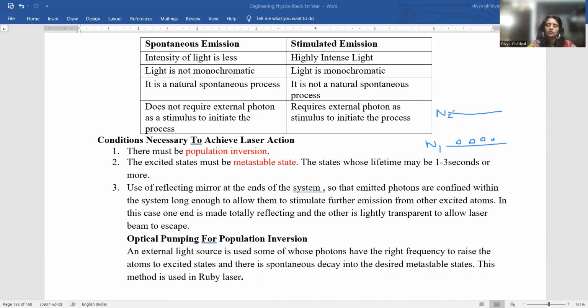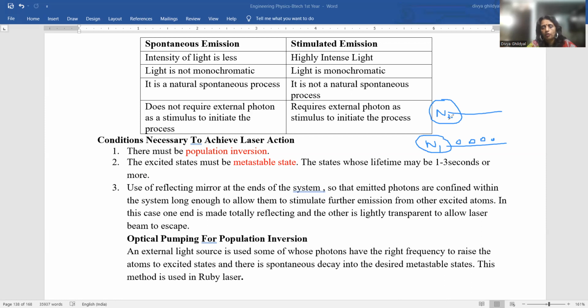In this case, when the atoms from the excited state drop down to the ground state, high intensity light will be emitted. But for population inversion, the number of atoms in the excited state must be higher than in the ground state, and this is possible in the lab with the help of optical pumping.